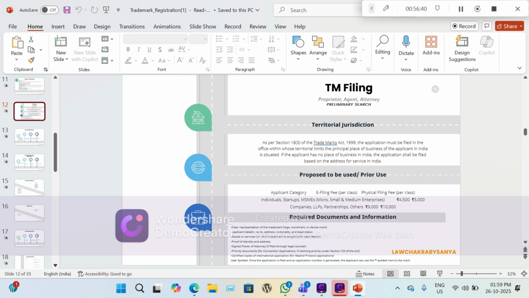Now you have to first identify whether somebody else has already registered that particular name by going for a public search on ipindia.gov.in. There are different kinds of searches that you have to run. First will be, of course, on the trademark website, ipindia.gov.in. You'll go for public search.